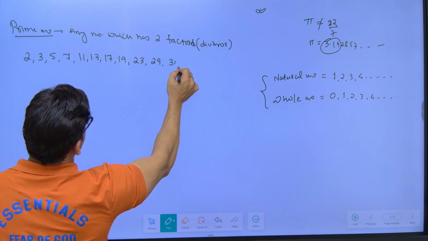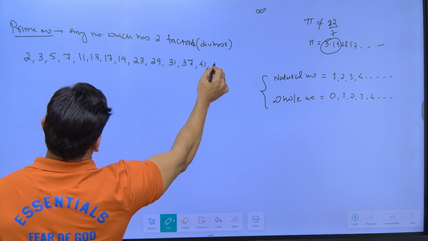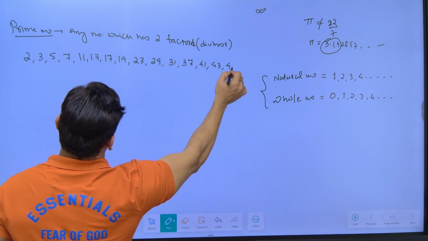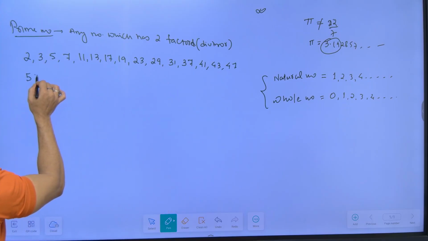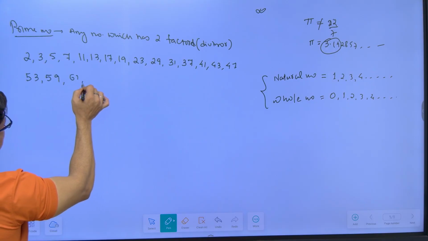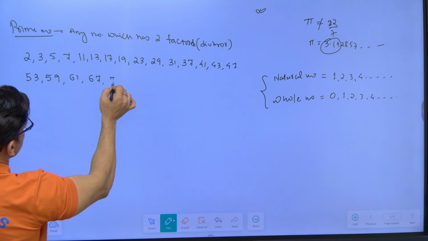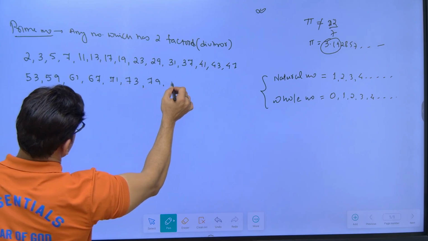29, 31, 37, 41, 43, 53, 59, 61, 67, 71, 73, 79.